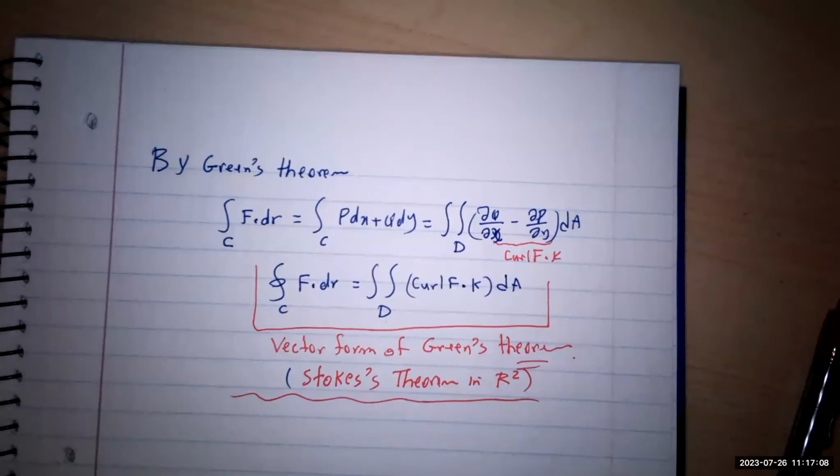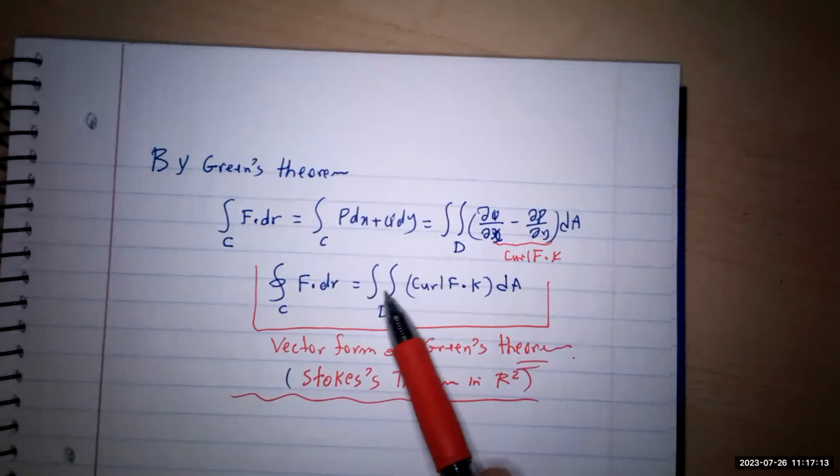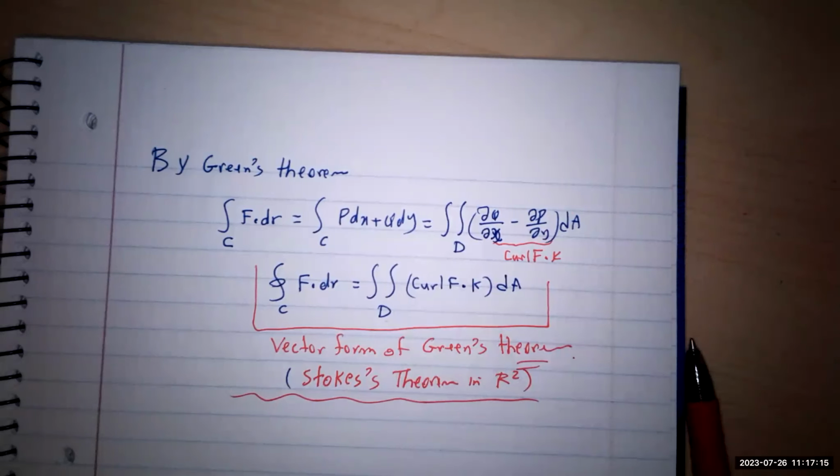But there is a catch. The catch is this double integral that you put over here. When you go to a vector field in R3, you have to replace it by something else, and that something else is going to be the topic of our consideration today. Any question?